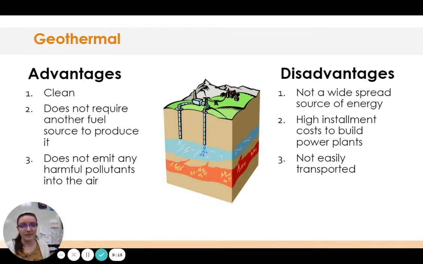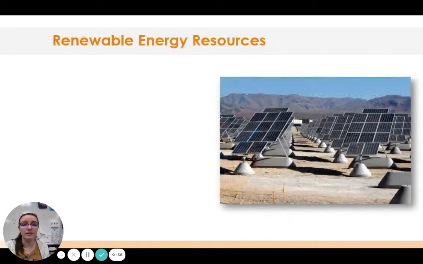So you can't necessarily pump these gallons and gallons of water across the country and use that as a heat source, because by the time it's been pumped across the country, it has lost all of the natural heat. So it can only be used in the location where there is this magma close to the surface, and it can be really expensive to set up.